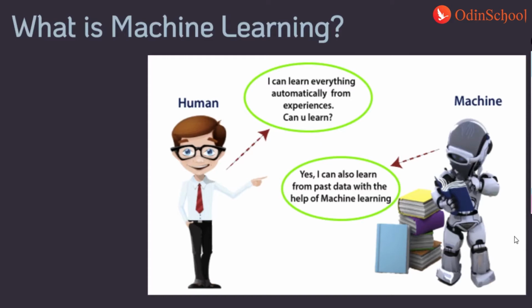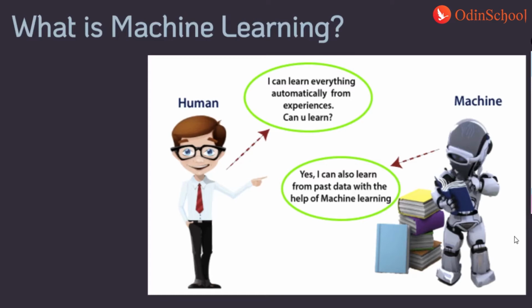Just like a human learns from experience, when it's a child, it learns based on the studies they do, or reads different books, based on which it is gaining knowledge. Once it grows, it uses that learning and is able to work in an organization.